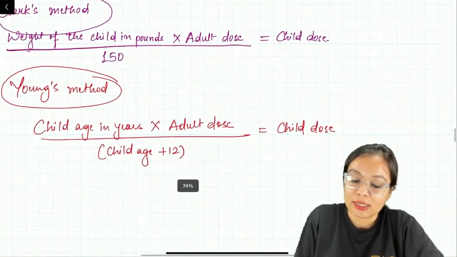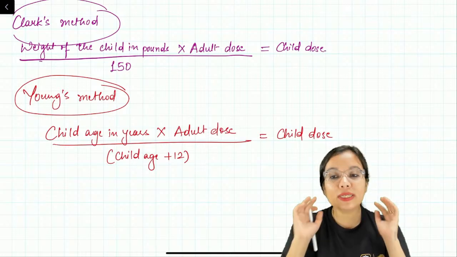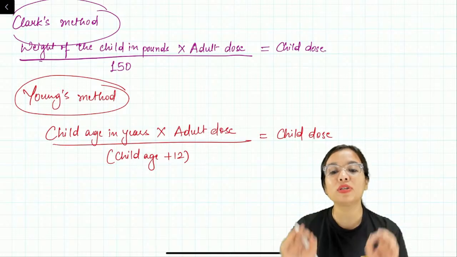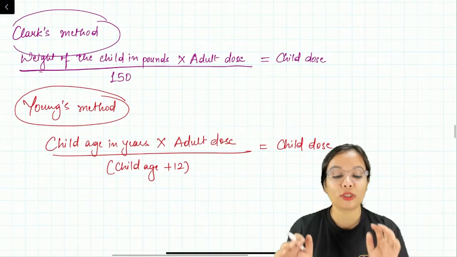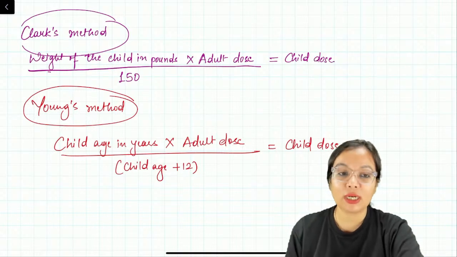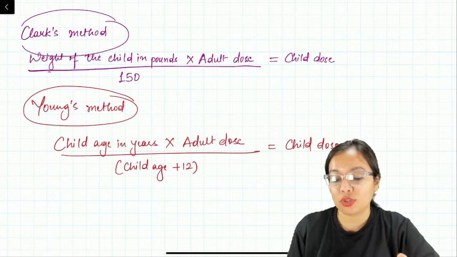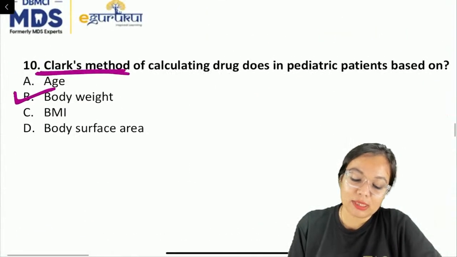So that's the Clark method and this is the Young method. Body surface area though is the most accurate method of calculating the dose in pediatric patients. So you must know what Clark's method uses and what Young's method uses for calculation of the drug dose in a child. So Clark's method, the answer is body weight.